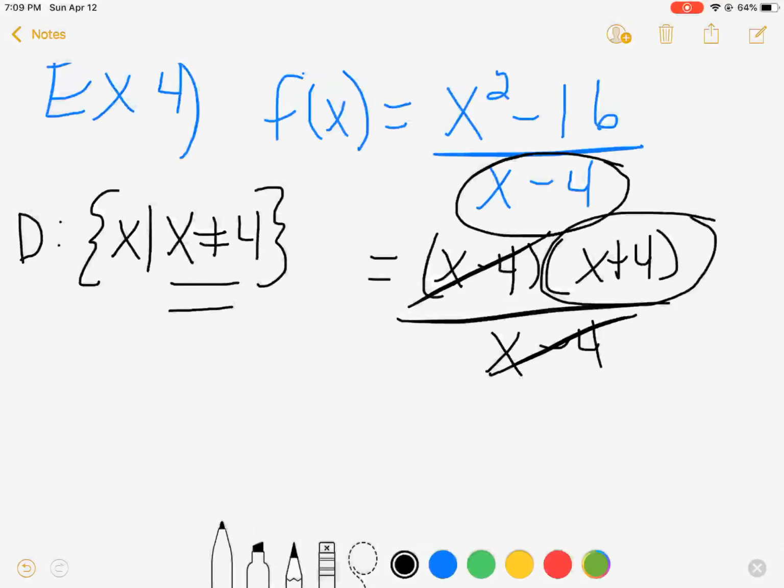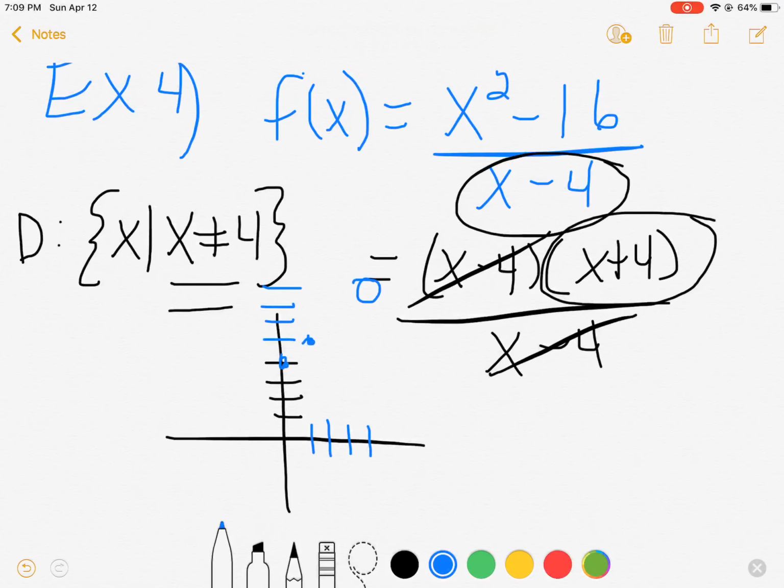But because x equals 4 is not part of the domain, when I graph the line, so my y-intercept of 4, my slope of up 1 over 1, at 4, 8, I have a hole in my graph.